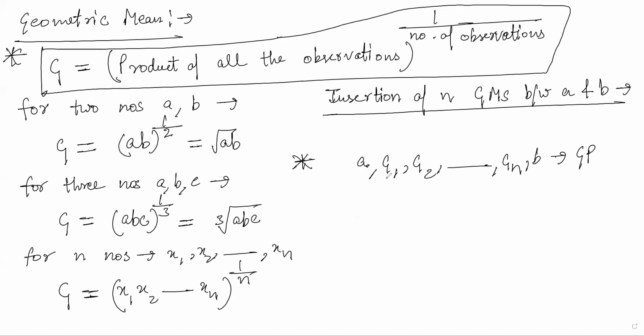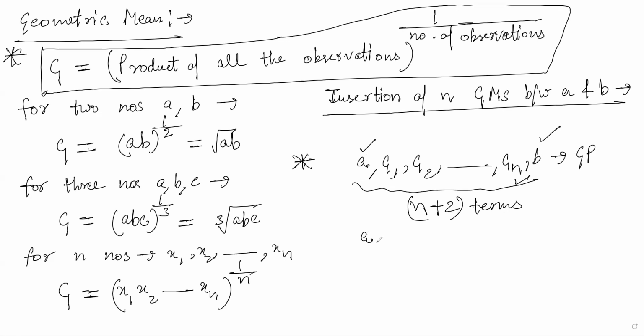So now we have to introduce these n GMs. We know a, we know b, we know n. What we don't know is r, the common ratio. आर निकालने के लिए क्या करें? There are total n plus 2 terms. n तो हो गई ये GMs 1 2 3 4 up to n, और दो टर्म हो गई ये. There are total n plus 2 terms, जिसमें आपको पता है फर्स्ट टर्म a है, लास्ट टर्म b है.